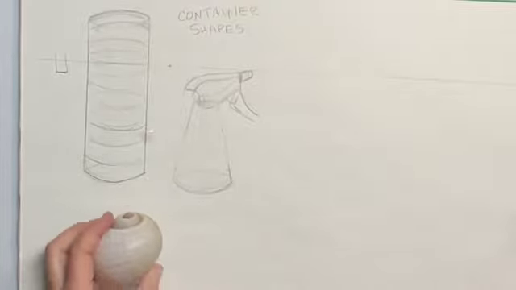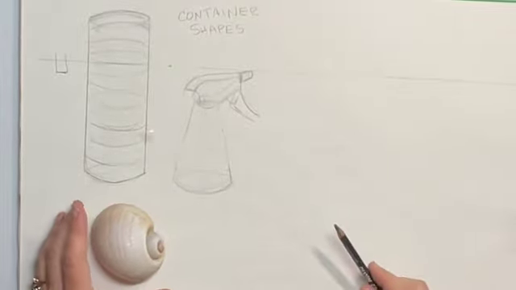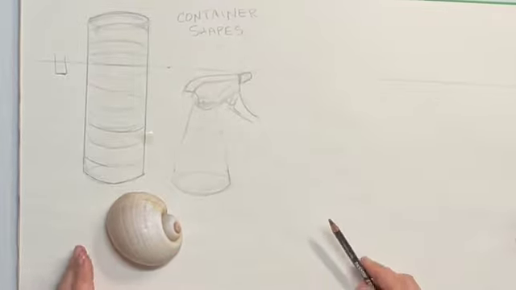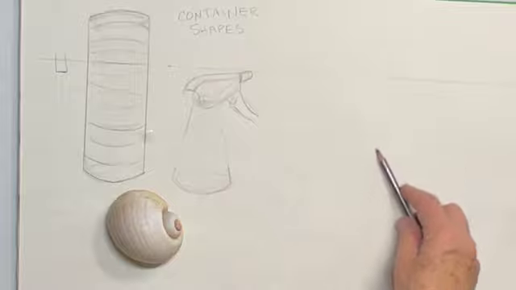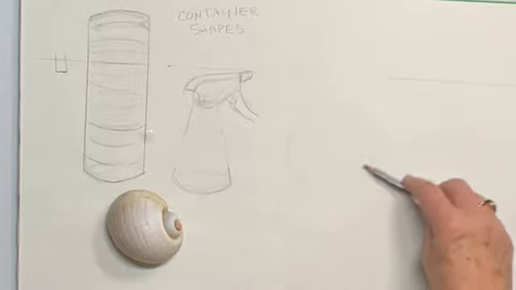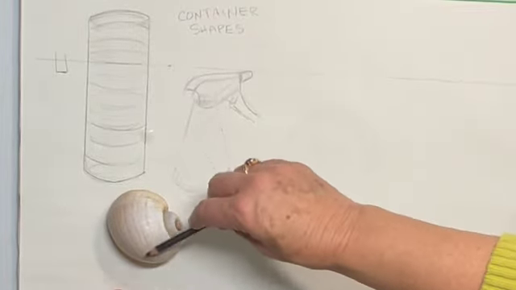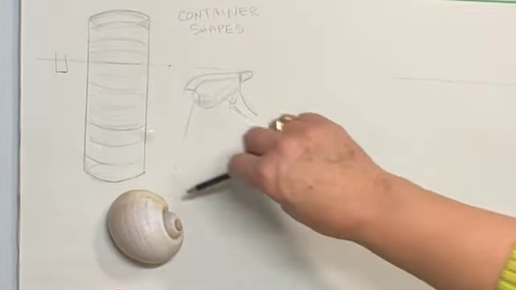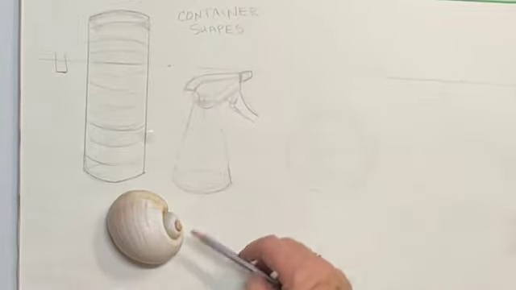About something like a shell. Okay, this shell we see is basically, it almost fits within a sphere. So we know how to draw a sphere, and we want to think of it as it goes around this way. We're drawing, see how these lines go around? We've got this, we have this. There's also minor lines going this way.